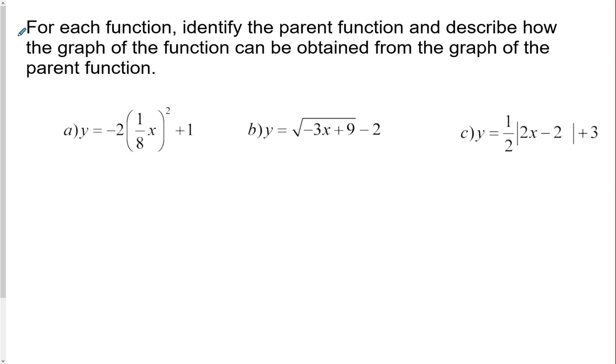So I'm going to do a bunch of this verbally by describing what we would do. But the first thing I want to have a look at is what's the parent function of each of these. So what do you start with as your base function? So I'd like you to look at A, B, and C, all three of them, right now, and I'd like you to think about it and see if you can identify what parent function would go with each of those.